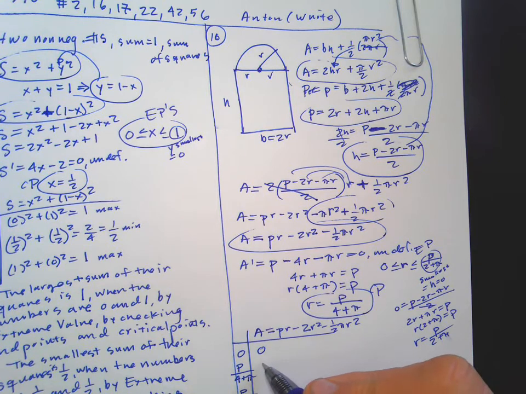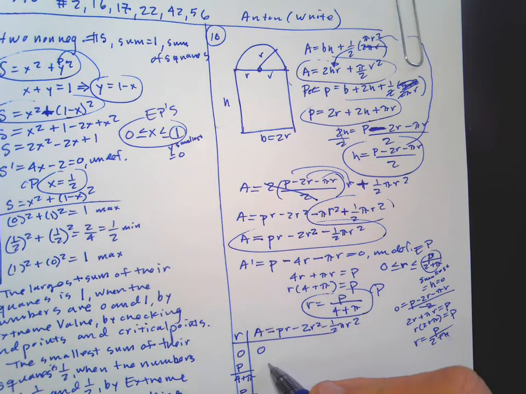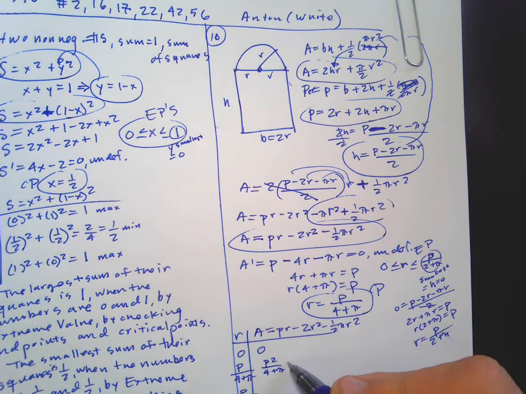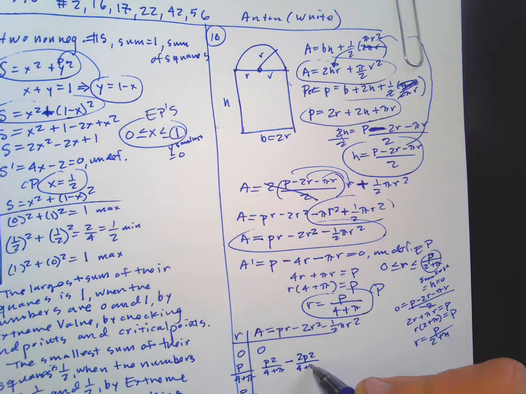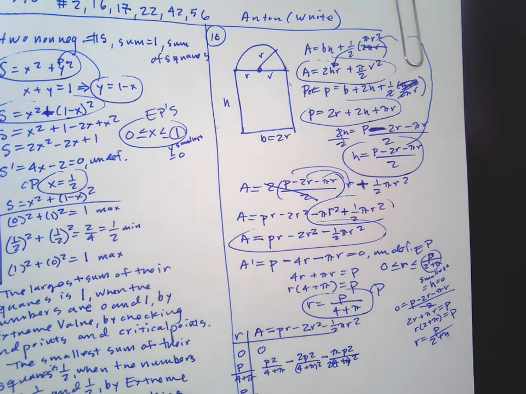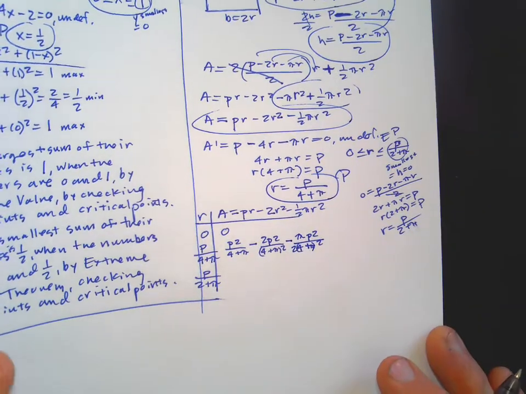But then this one, these are r values, you're going to get P squared over 4 plus pi minus 2P squared over 4 plus pi squared minus pi P squared over 4 plus pi squared with an extra 2. I don't even know how to say what that value is.